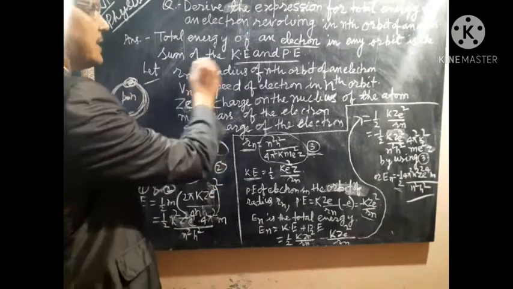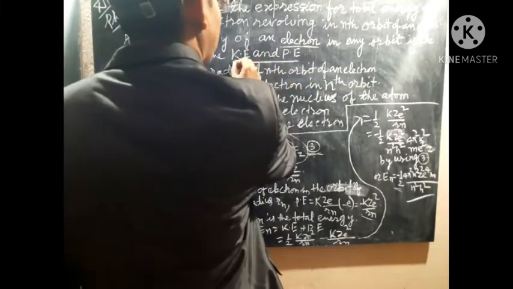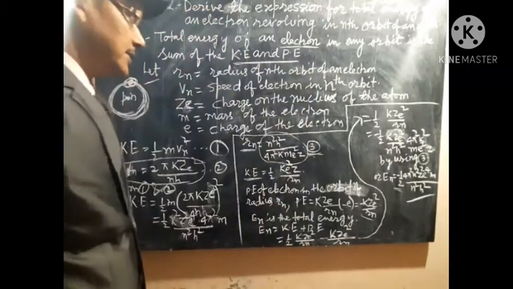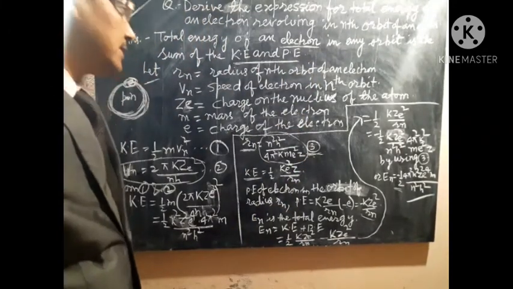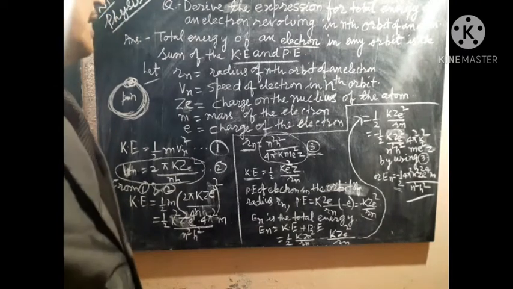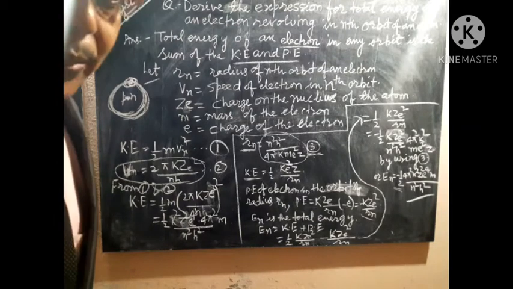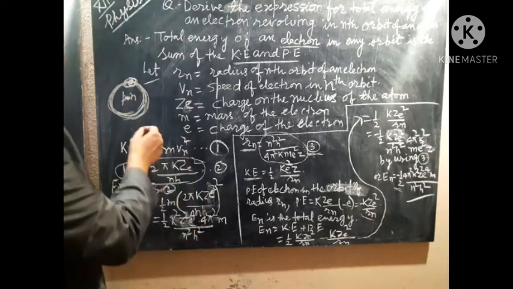Total energy of an electron in any orbit is the sum of the kinetic energy and potential energy. It means if we know the kinetic energy and potential energy of an electron and add them, then we can get the total energy. Now let us start.